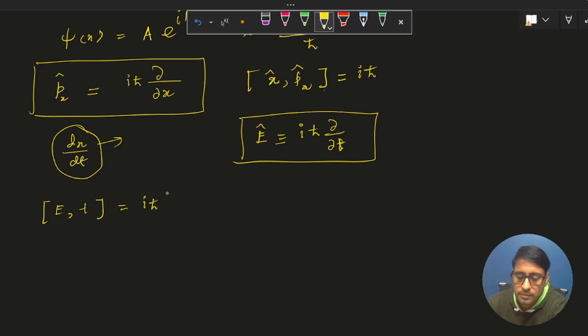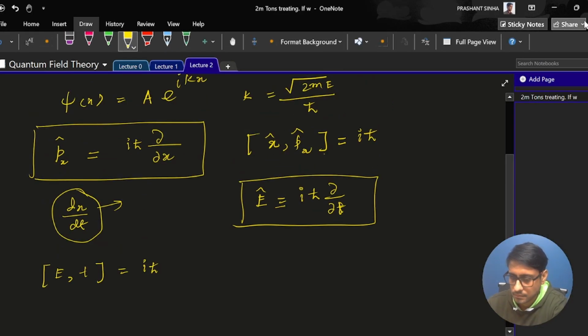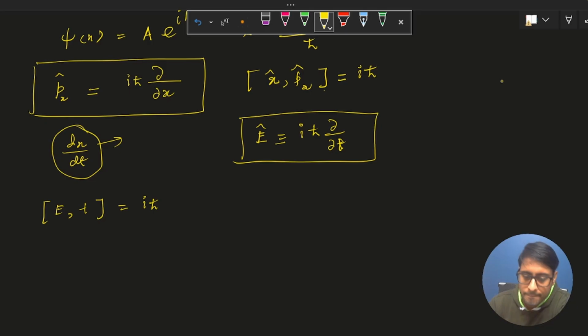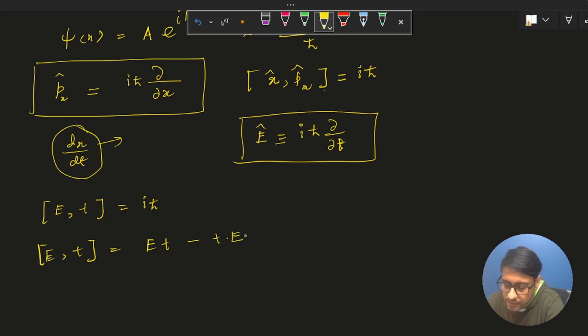To show this, the commutation bracket E comma t can be written as E into t minus t into E, but this is actually meaningless unless you apply it on some wave function. So we will apply it on some wave function.